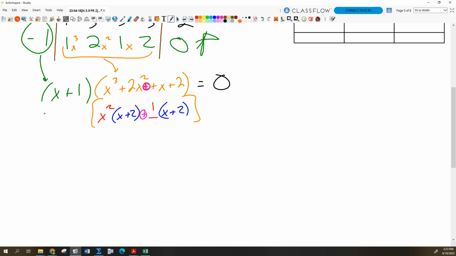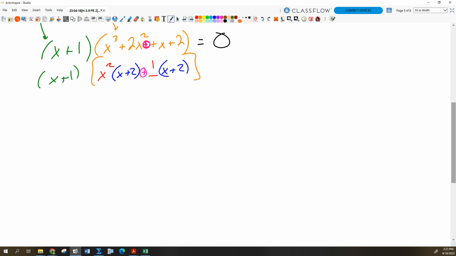Well, now I'm going to pull that x plus 2. I'll factor it out front with the green factor, and I got this thing. X plus 1 times x plus 2 times what's left over? There you go. X squared plus 1 equals 0.